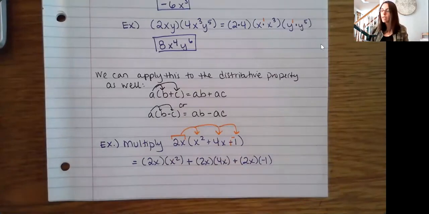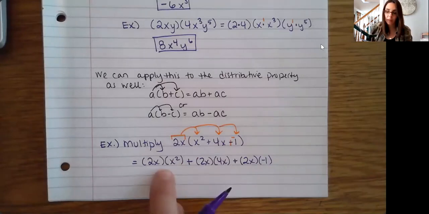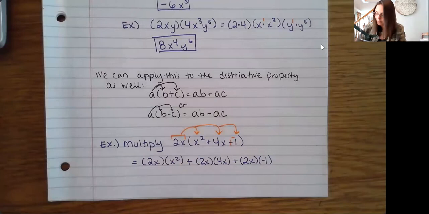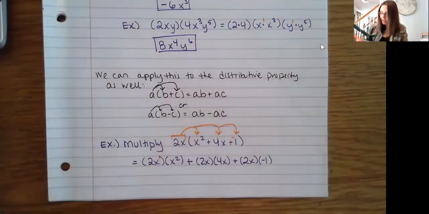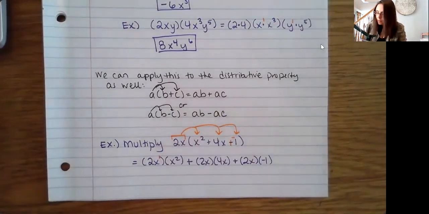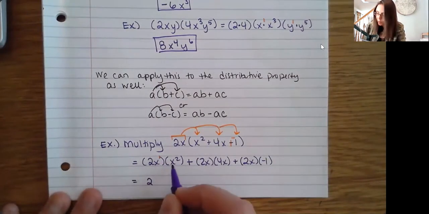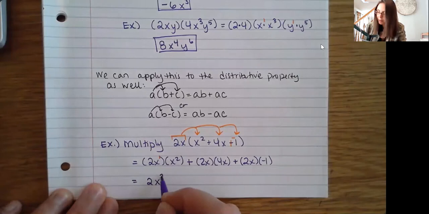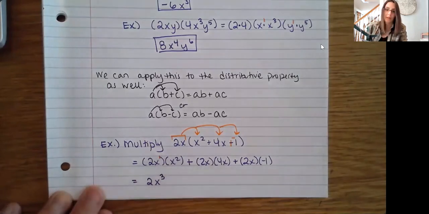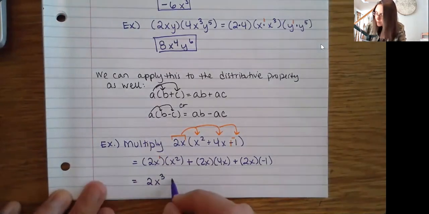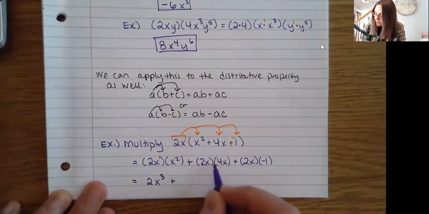And now we're going to use that product rule we just reviewed to help us finish our multiplication. So here I just have a 2 for my number. So that's just going to be 2. And then I have x to the first power times x squared. So that's x to the third power, right? Because I have 1 plus 2 is 3. Here, 4 times 2 is 8.